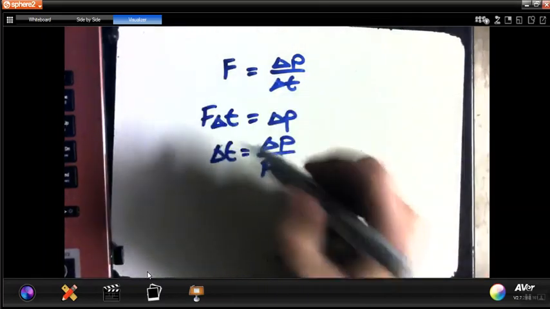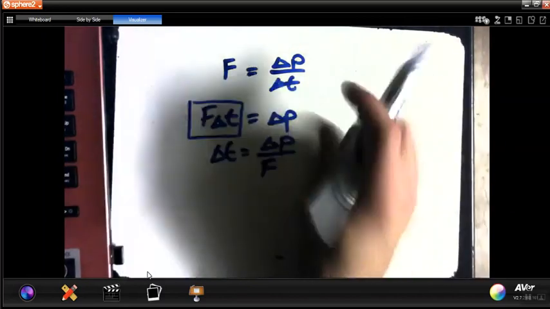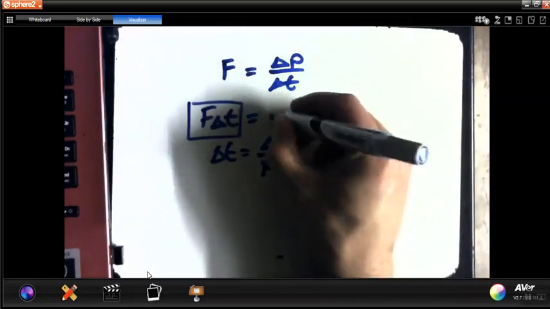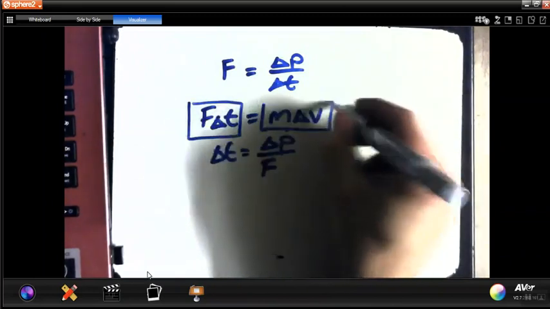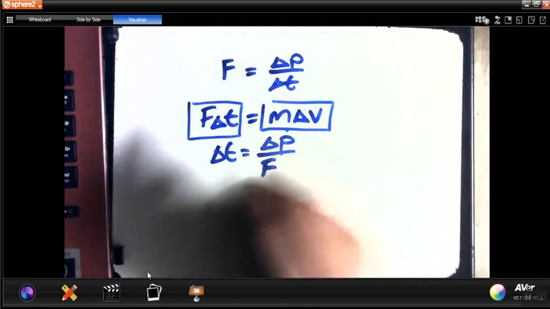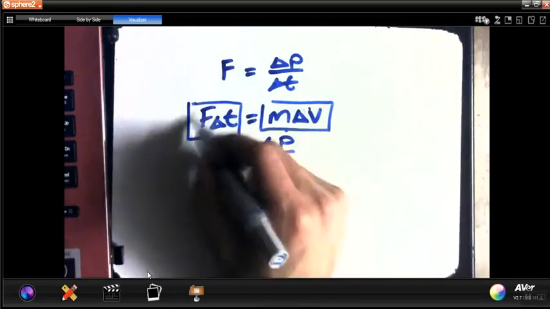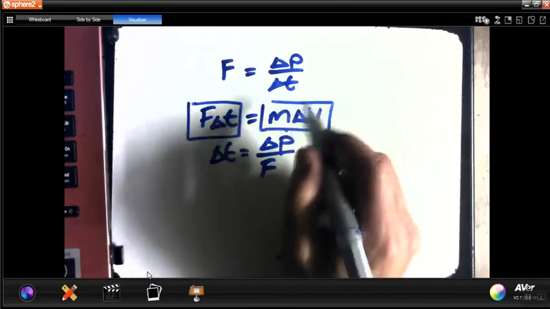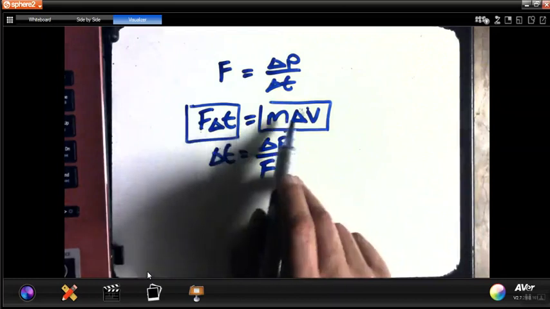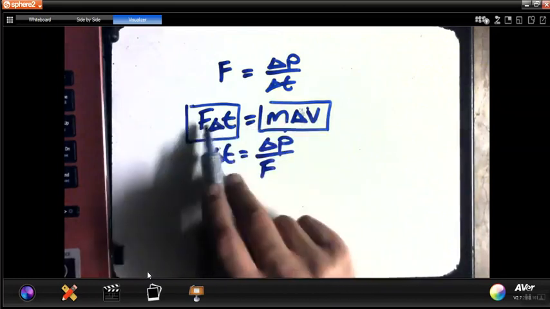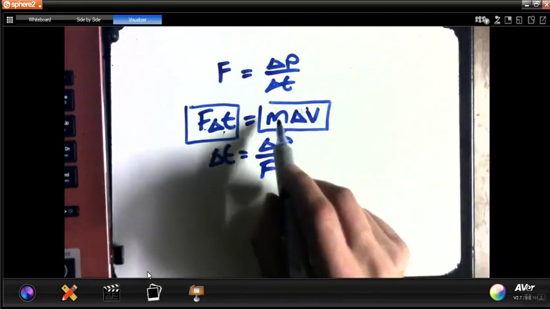So there are a few things. Just remember this quantity is called impulse, and change in momentum is mass times final minus initial velocity. So we're equating two quantities: change in momentum to impulse. Impulse has this formula, change in momentum has that formula, and they have equal units, and now we can use these quantities to calculate force or time or the change in velocity or the mass.